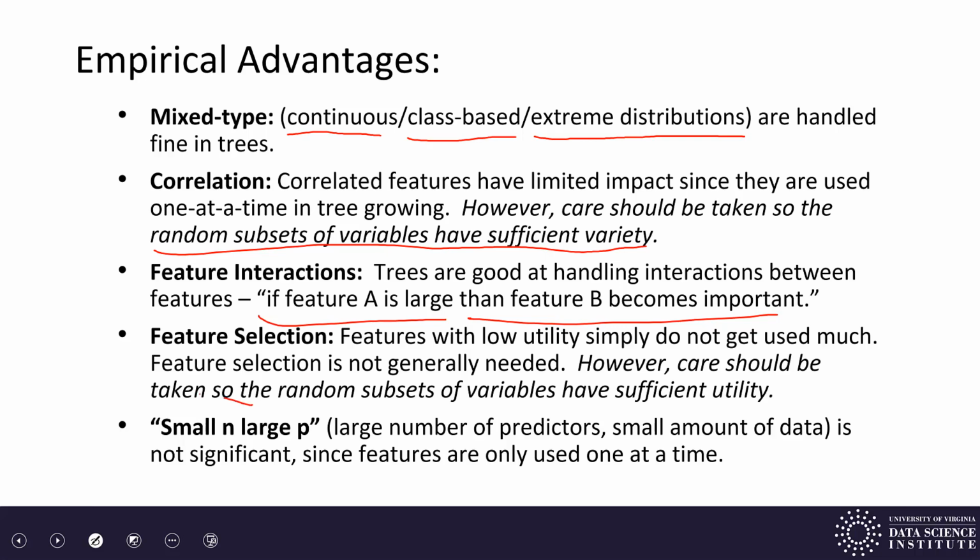If you have data sets that don't have a lot of observations in comparison to the number of parameters, so a large number of predictors and a small amount of data, that causes problems in a lot of classifiers, particularly in linear regression, but random forest doesn't have a problem with it since features are only used one at a time.